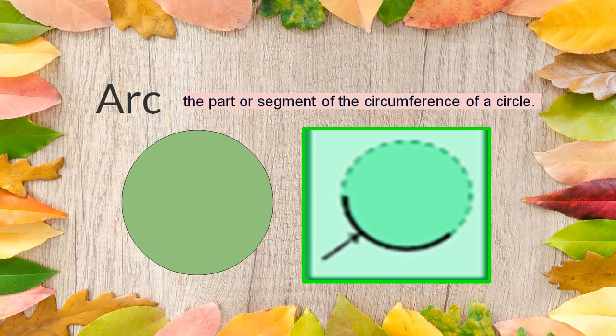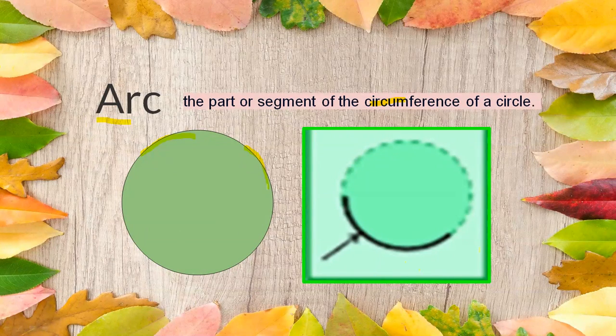So, what is an arc? What comes to your mind when I'm using the word arc? Arc: the part or segment of the circumference of a circle. Actually, you are taking some part of the circumference. The boundary wall is known as the circumference. If you are taking some part of it, it's an arc.